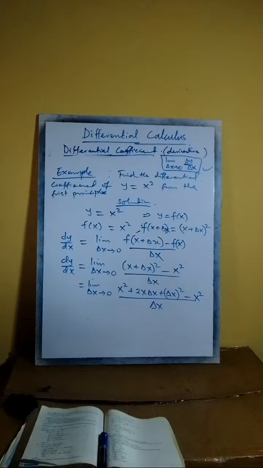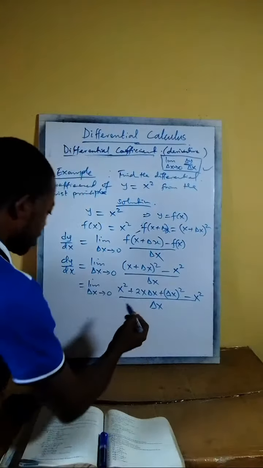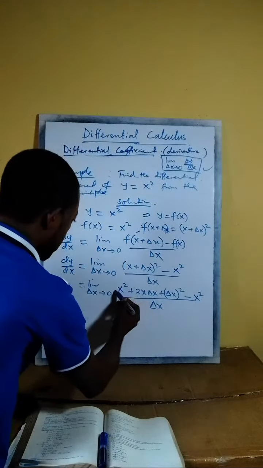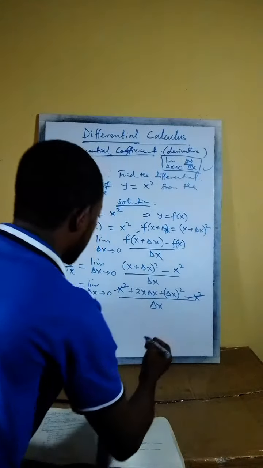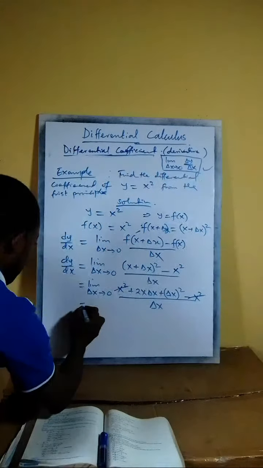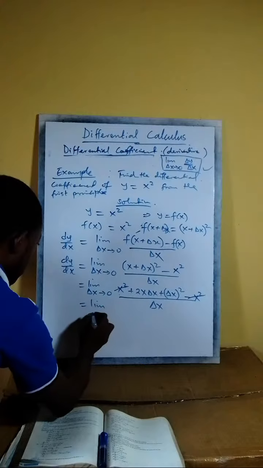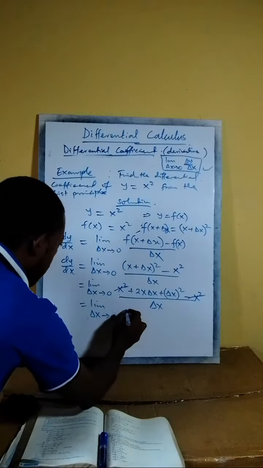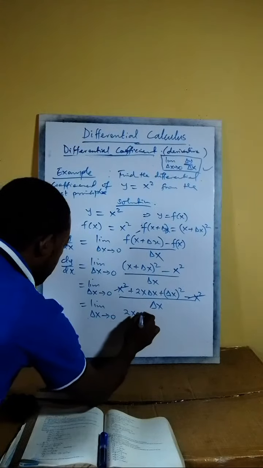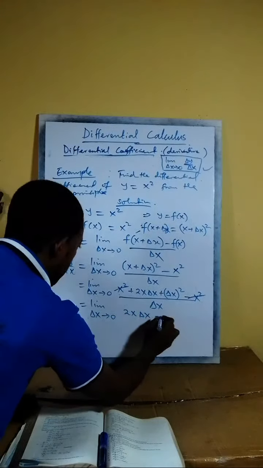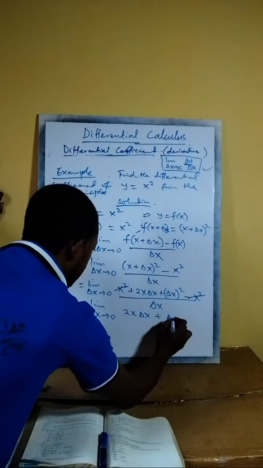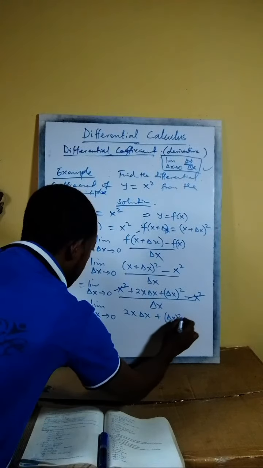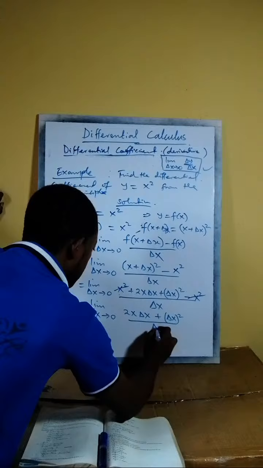Then when we simplify further, x squared minus x squared cancel each other. Then we are left with the limit as delta x tends to 0 of 2x delta x plus delta x squared, then over delta x.